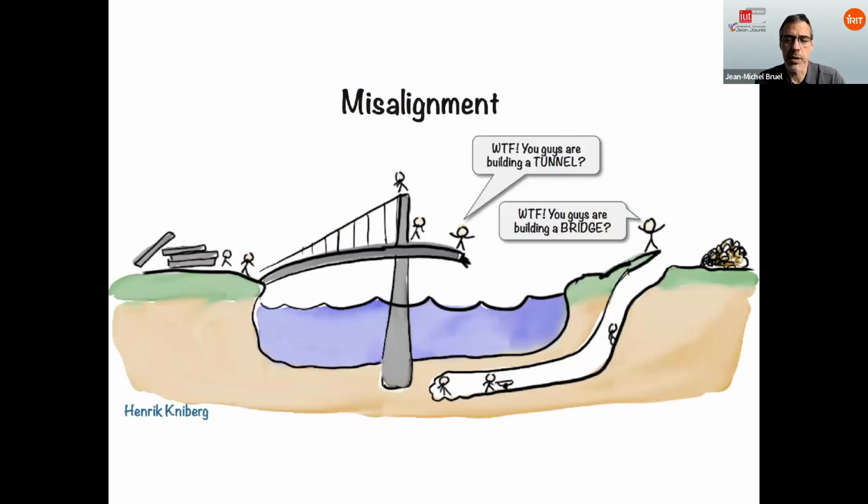I'm not insisting. I'm pretty sure you all know why it is important to work properly on the requirements, because if you miss anything at this point, you can reach a very bad situation, such as the one illustrated here, where everybody is doing their best, but at some point things are not aligned.